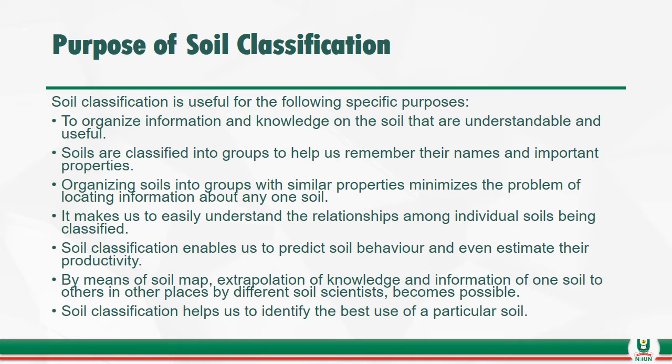It makes us easily understand the relationships among individual soils being classified. So soil classification enables us to predict soil behavior and even estimate their productivity. By means of a soil map, extrapolation of knowledge and information of one soil to others in other places by different soil scientists becomes possible through soil classification. So soil classification helps us to identify the best use of a particular soil.